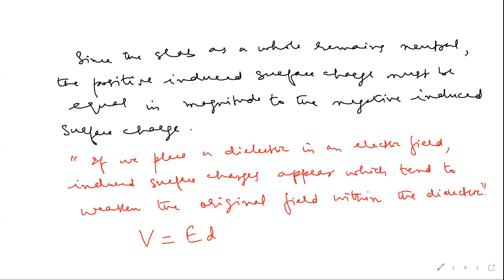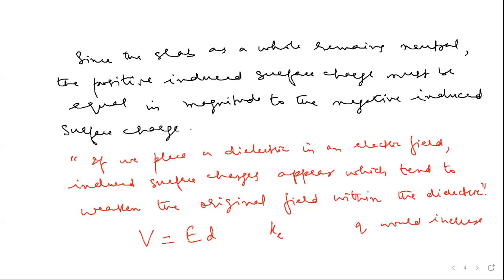Both E and V are reduced by the same factor Ke. Remember, this holds only when battery is no longer connected. If the battery remains connected, the potential difference V would be constant, but Q, the charge on the plates, would increase.